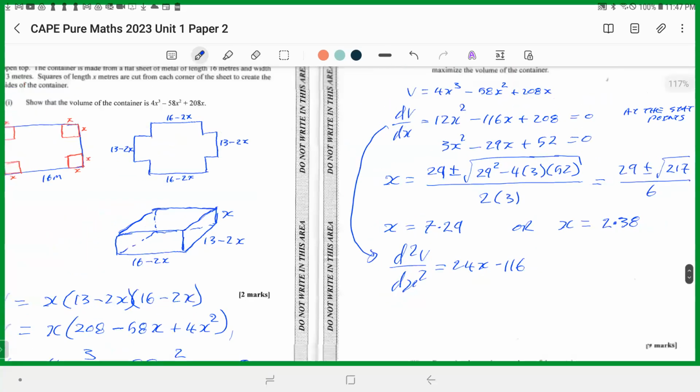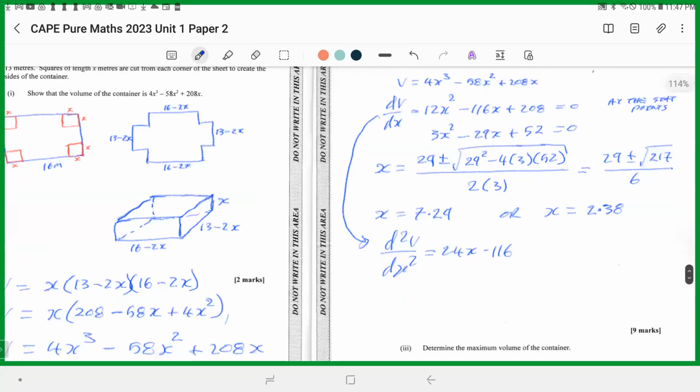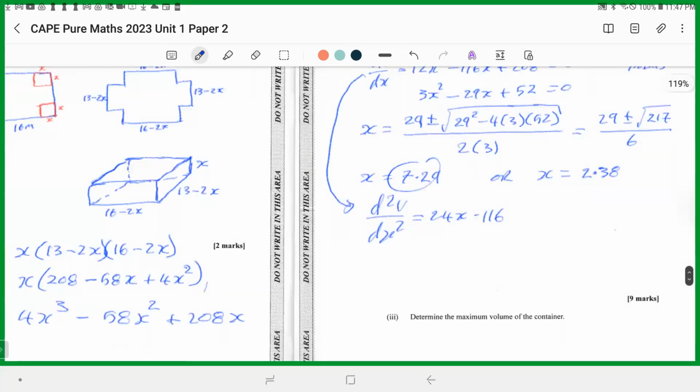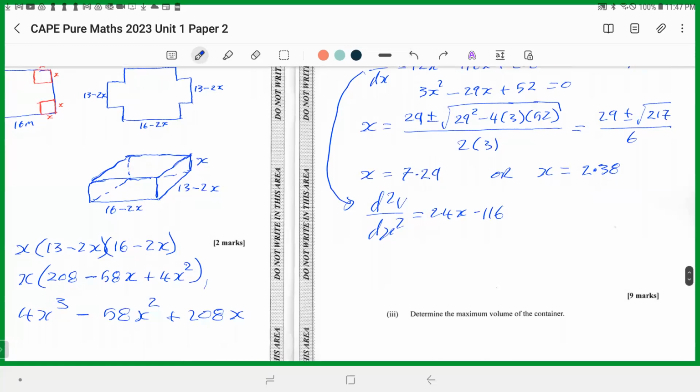I want to see which one is positive and which one is negative. The question says use the second derivative to determine the height h that maximizes the volume. So I want to know which one of these makes it maximum. Let's test them.